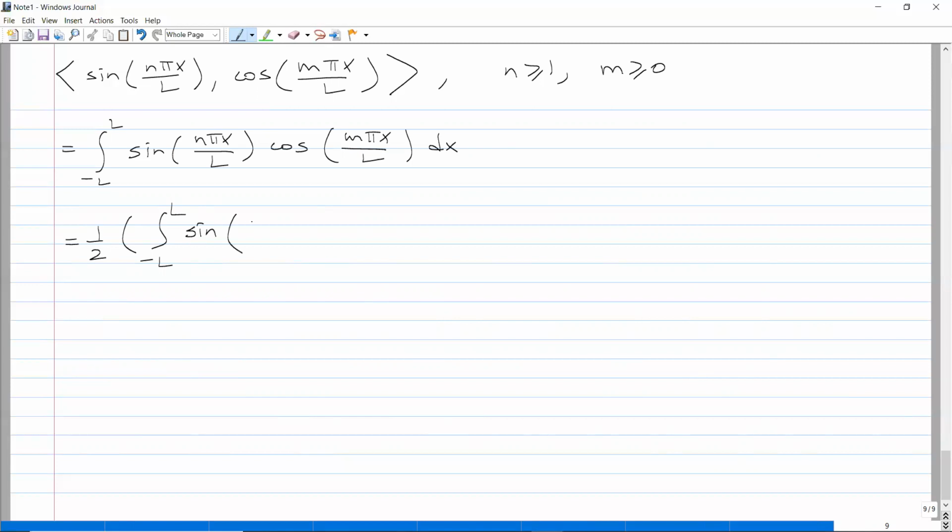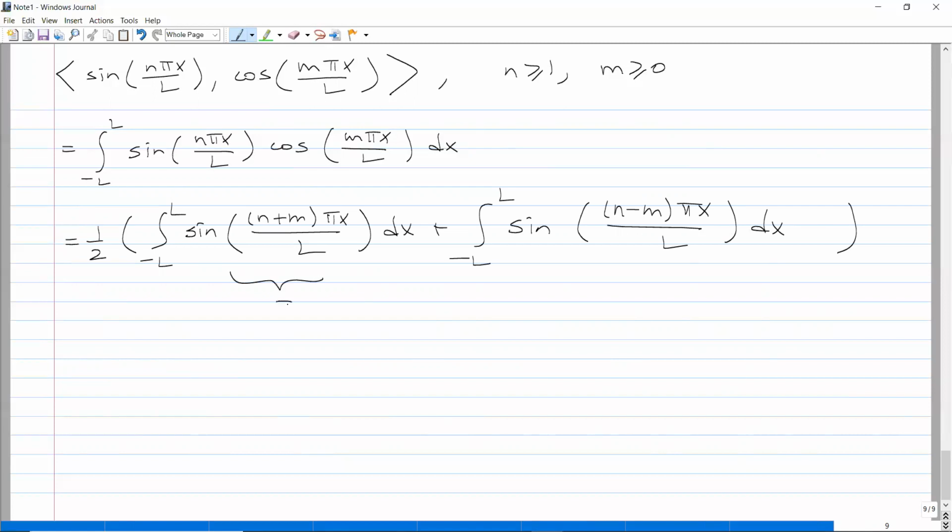So sine of (n plus m) pi x over L and sine of (n minus m) pi x over L.